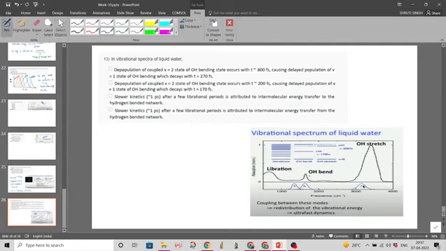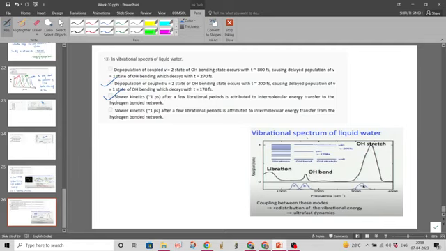So for this, the correct answers are B and C: the depopulation of V equals 2 state occurs with 200 femtoseconds, causing delayed population of V equals 1, which decays with 170 femtoseconds. It should be stretching here, I guess.